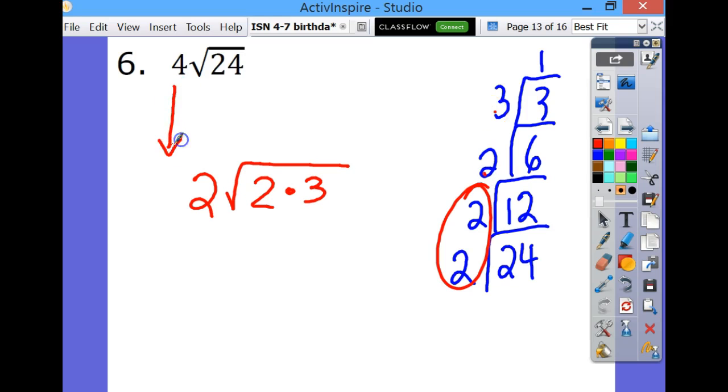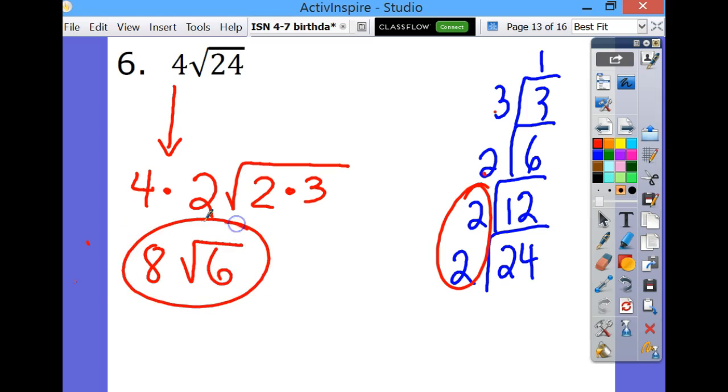We also had a 4 out in front. Now, all of this prime factorization is a property of multiplication. And so these are multiplied together. This would be 8 on the outside and 6 on the inside. And there's not an I with this one. Why isn't there an I on this one?